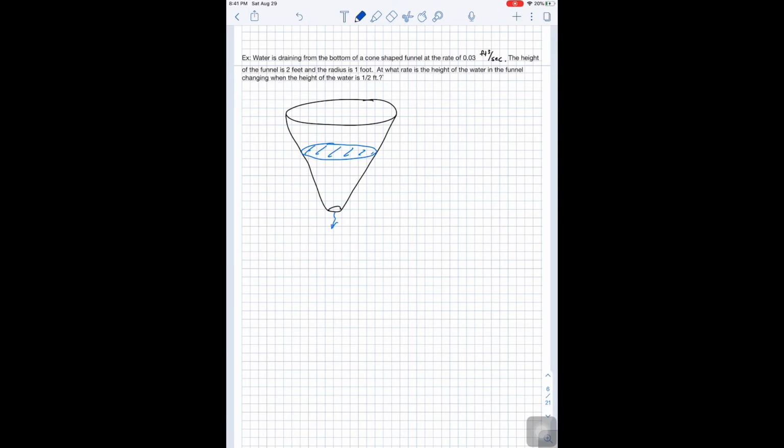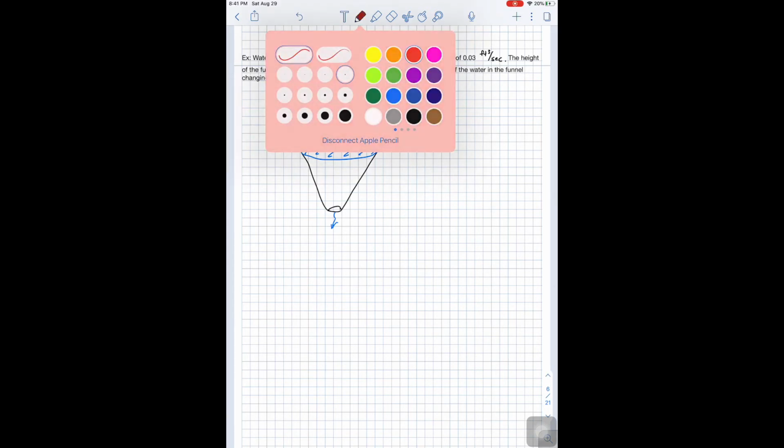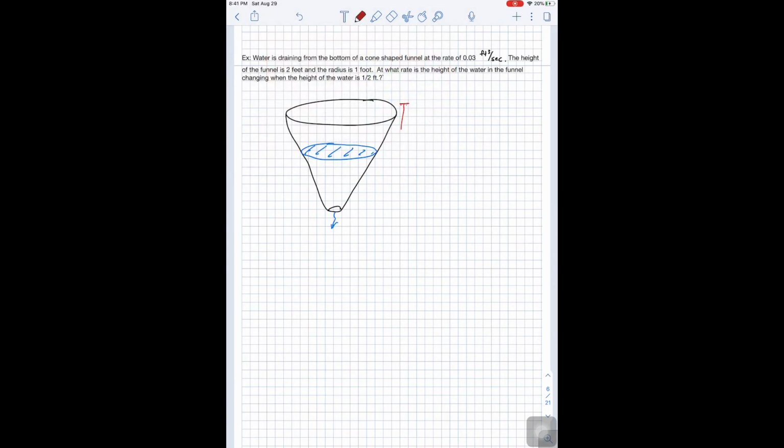So let's label some stuff. The height of the funnel is 2 feet. Okay, so the entire funnel here is 2 feet. And then the radius is 1 foot.